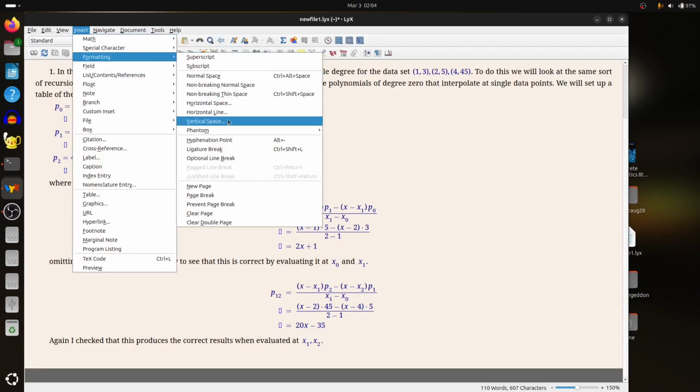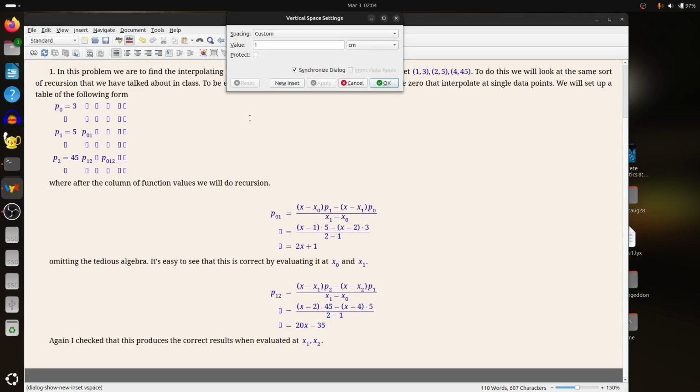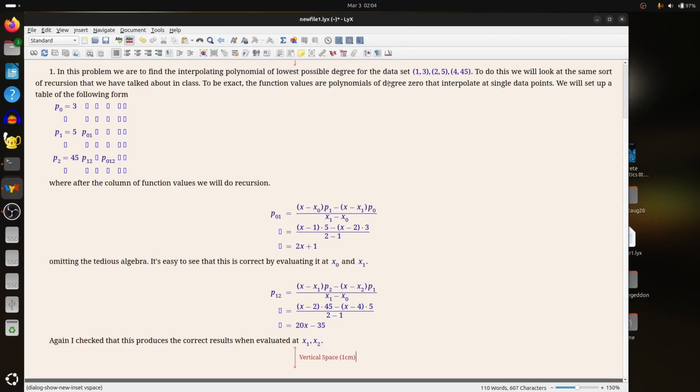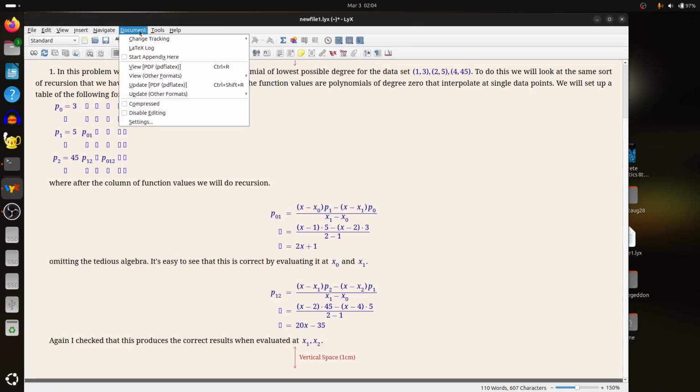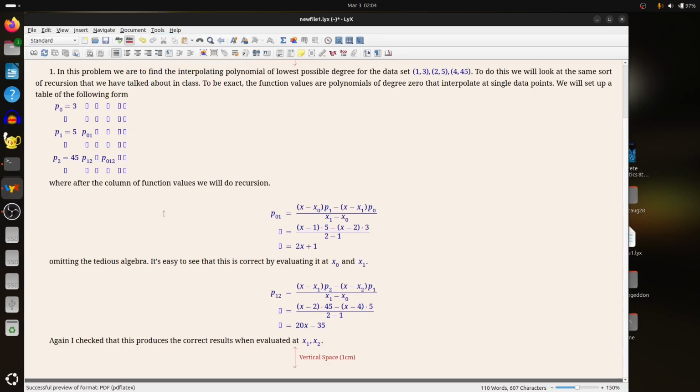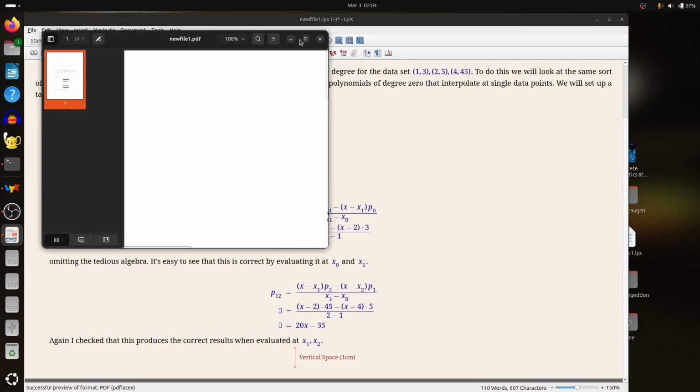Put in a little vertical space. Make it a little more readable. Speaking of readable, let's make sure everything's on the up and up here.